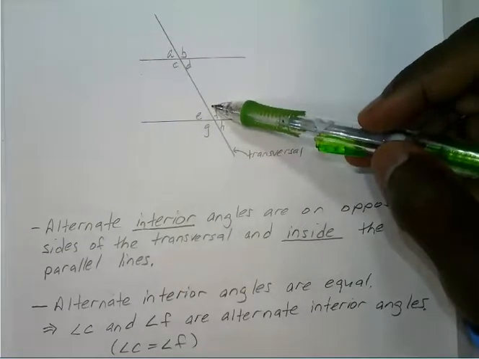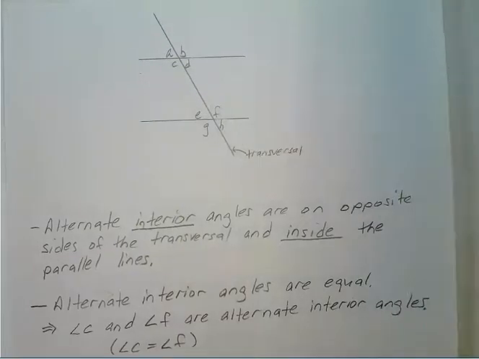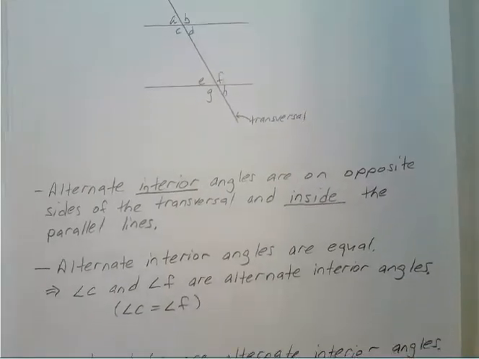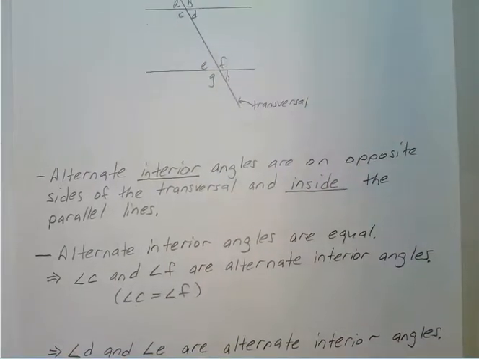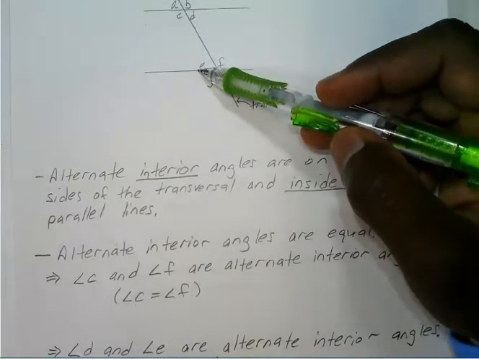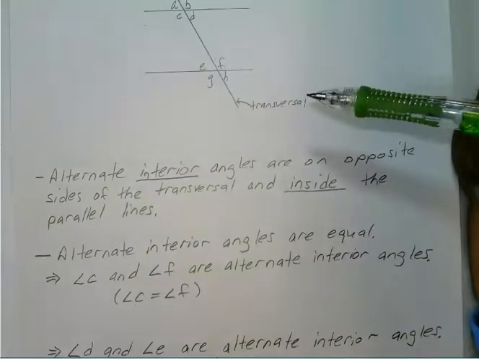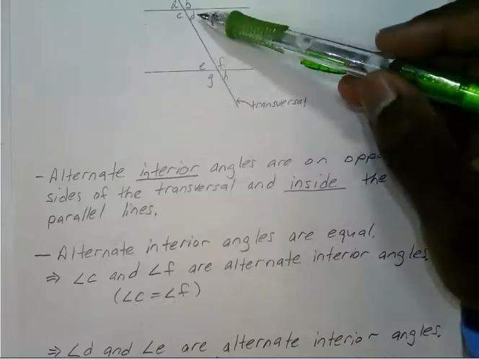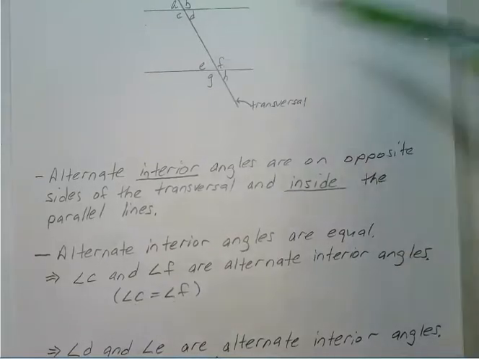So C and F are alternate interior angles. That also means that angle C is equal to angle F. Also, if you notice, angles D and E are alternate interior angles. That means angle D is equal to angle E.